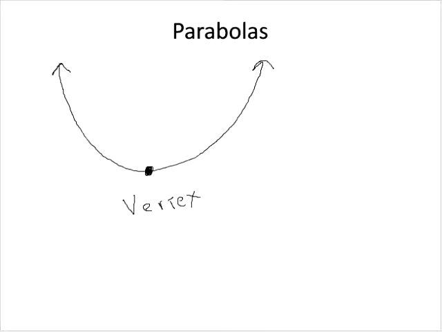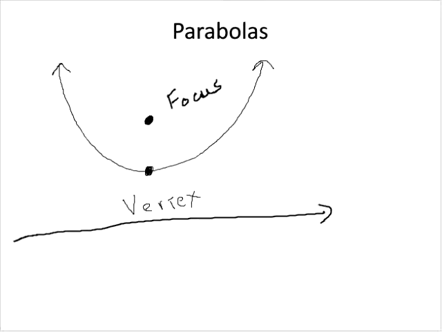The parabola is really defined as a conic section as all the points equidistant from a point and a line. Well, that point would be somewhere out here, and that's called the focus. And then, of course, the line would be something called the directrix, which runs along here.